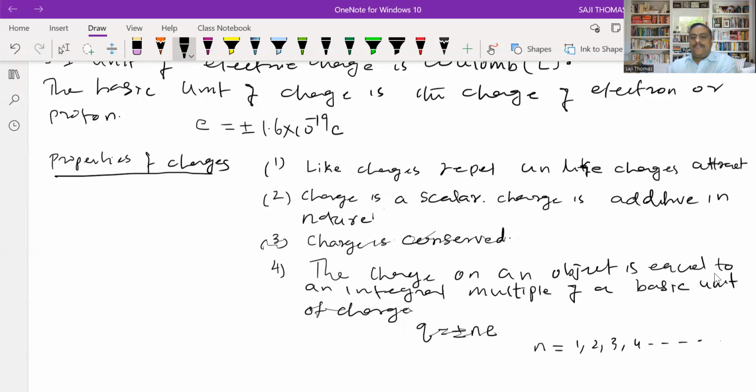So these are the main properties of electric charge. What are the properties? Like charges repel, unlike charges attract. Charge is a scalar quantity. It is additive in nature. Charge is conserved.